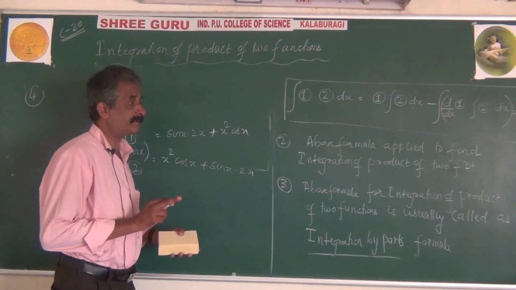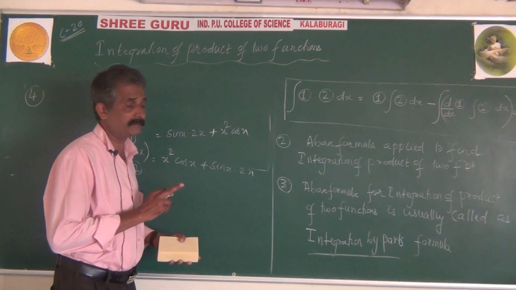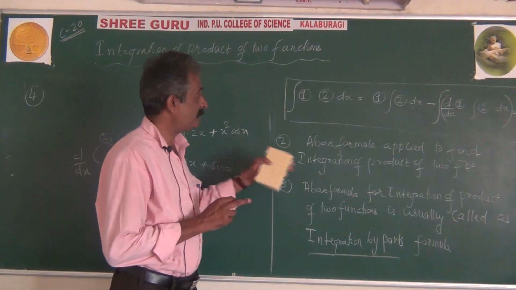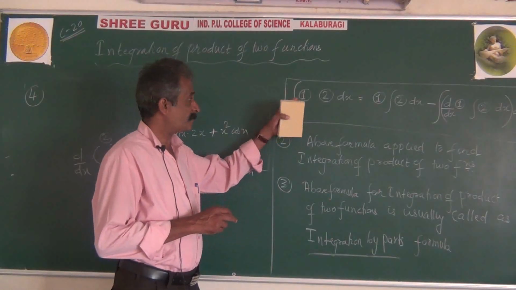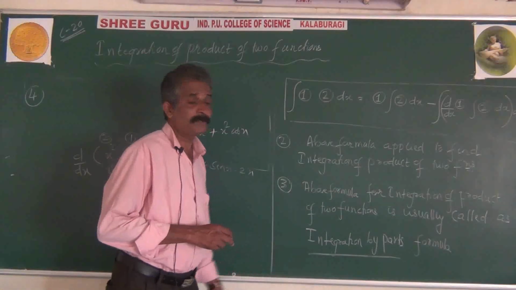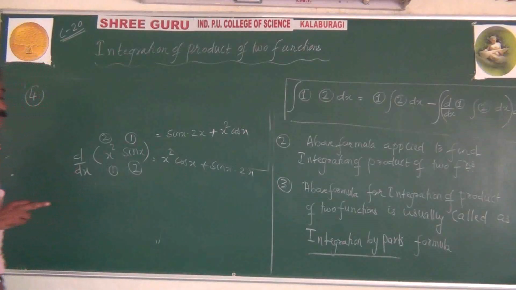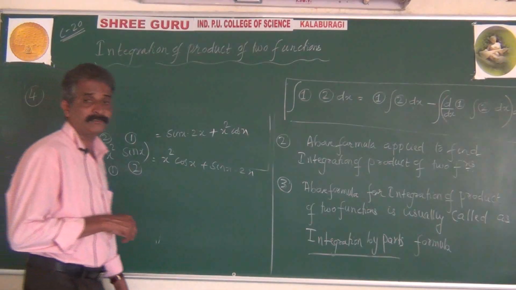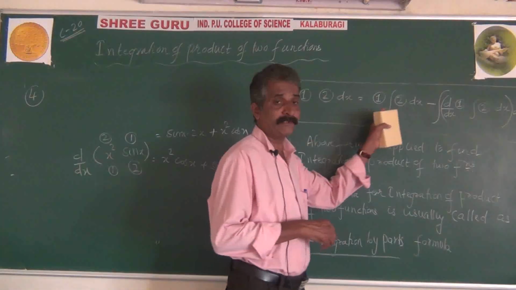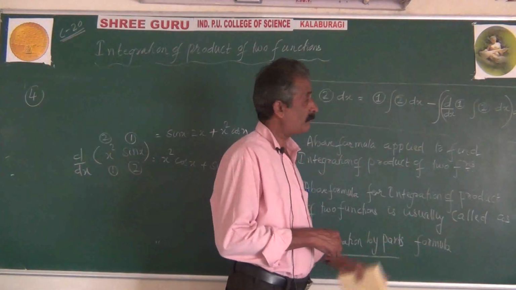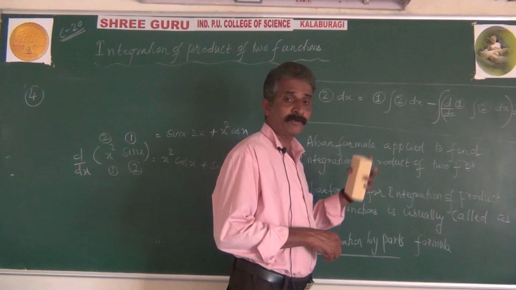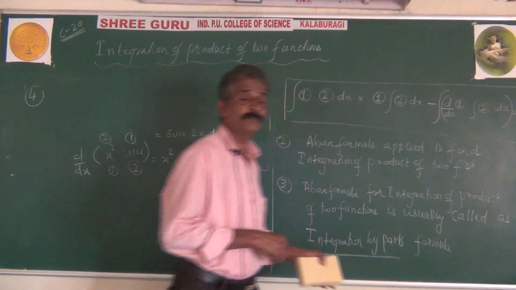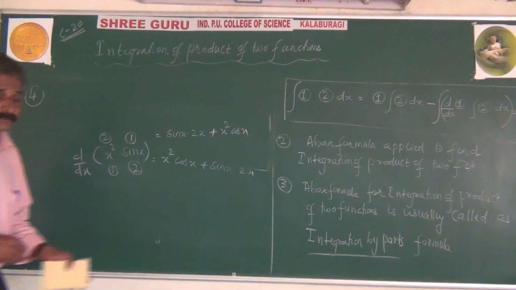But in case of integration, it's not like this. Actually we have integration of first function and second function, but we need to choose the first function very properly, means very correctly, otherwise we may not get the answer to the problem of integration of product of two functions if we choose the first function wrongly.